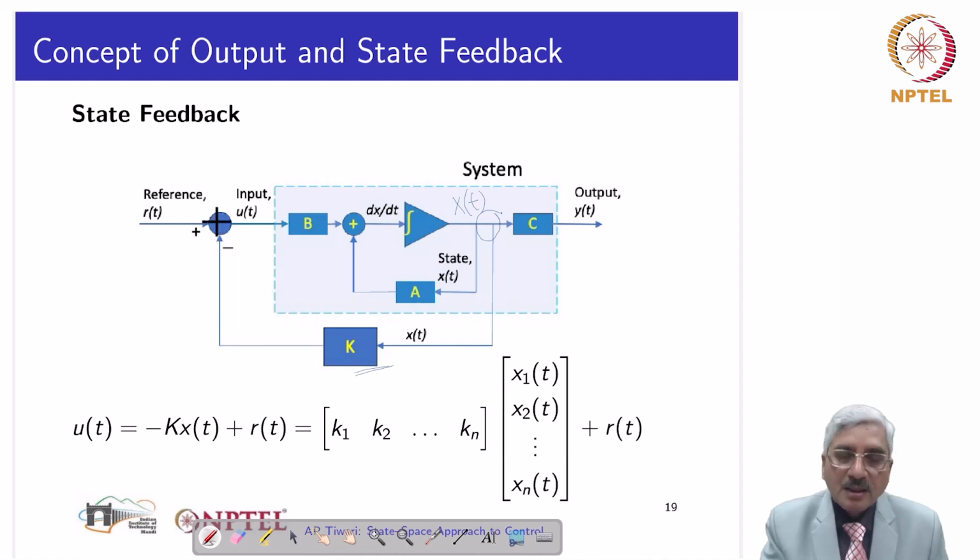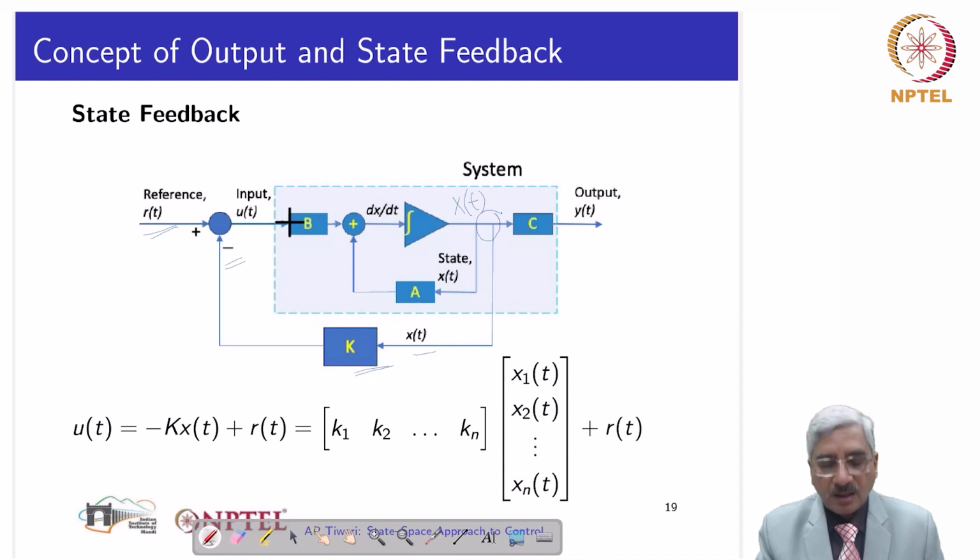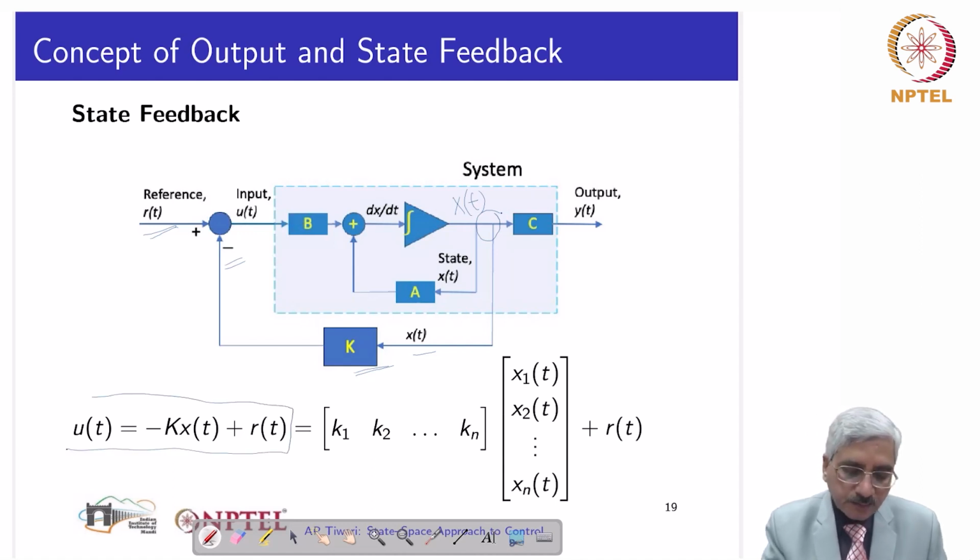They enter this comparator where the difference of R(t) and K times x(t) is generated and fed back to the input terminals of the system as the input U. So here the control law is u(t) is minus K x(t) plus r(t). The difference is here: earlier it was Y and here it is X. This is state feedback and that was output feedback.